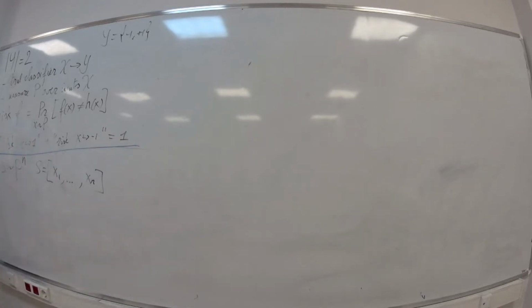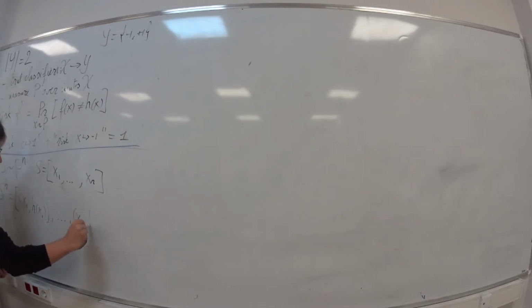Then we ask the supervisor for the true labels. We don't have access to the true classifier, which I usually write as H, but we ask for the labels, S_H, which is just (x1, H(x1)) and so on. We transform the unlabeled set to a labeled training set, up to (xn, H(xn)).